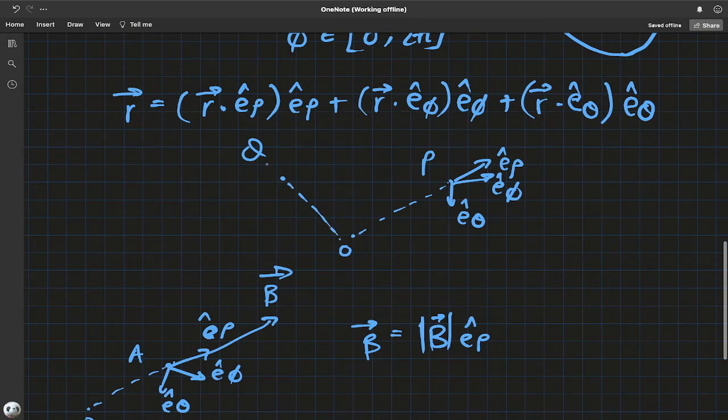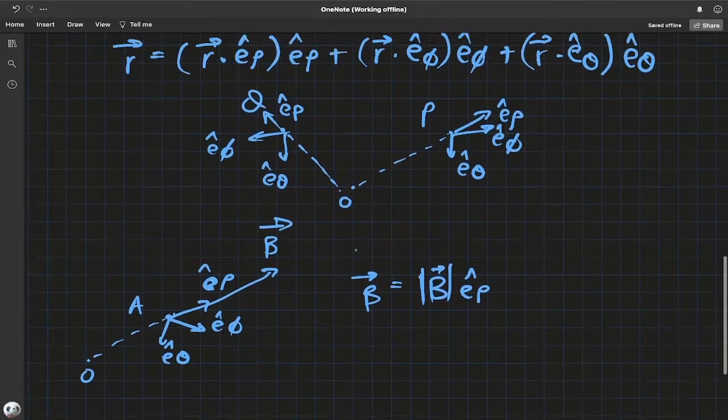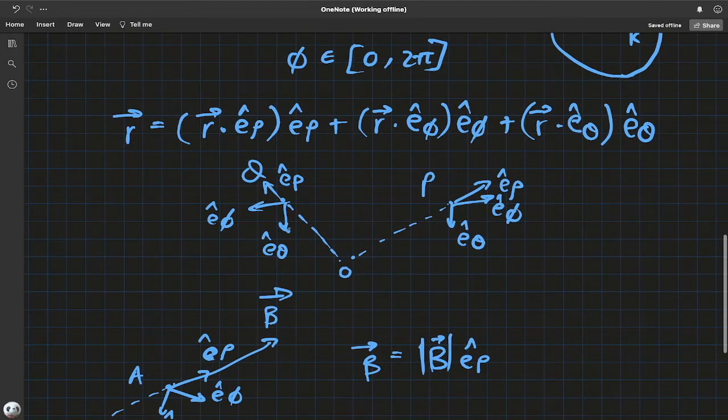So again, this is point specific, so if you define another point Q, it's going to be different. E rho hat is radially outwards. Phi hat is in the changing phi direction. Theta hat is in the changing theta direction, the direction in which theta increases the most.